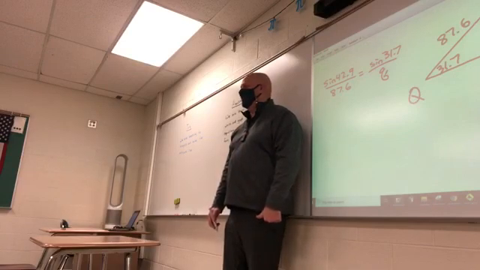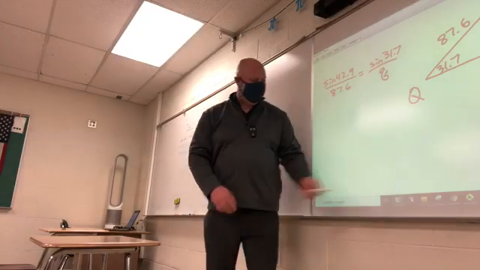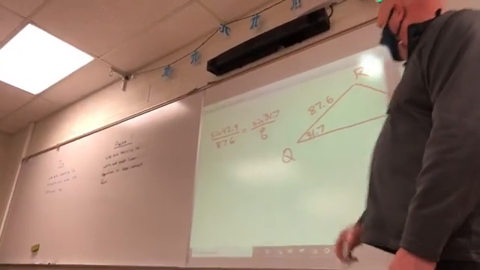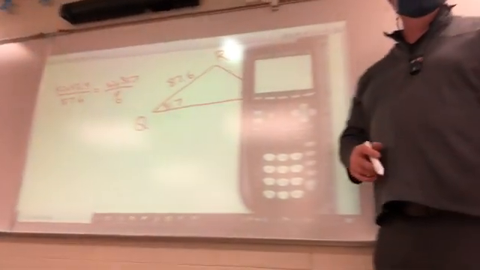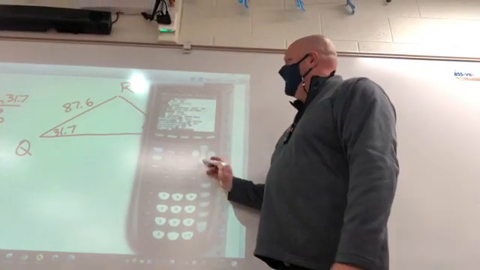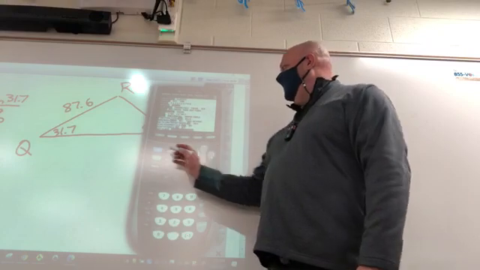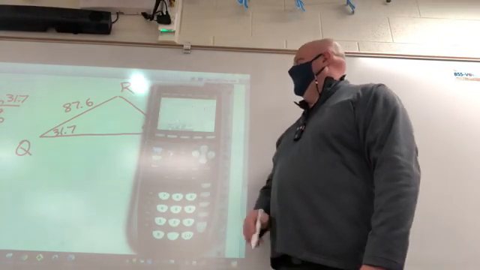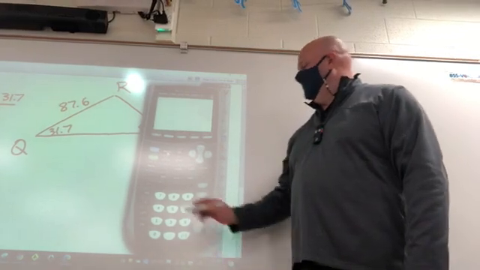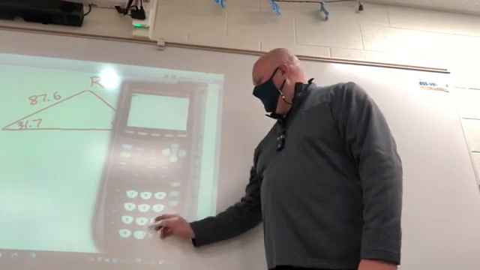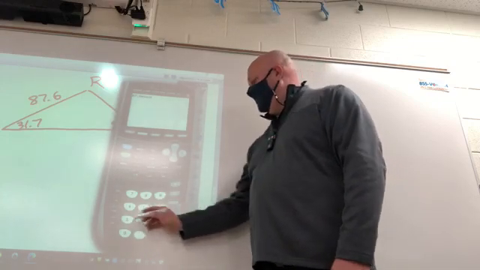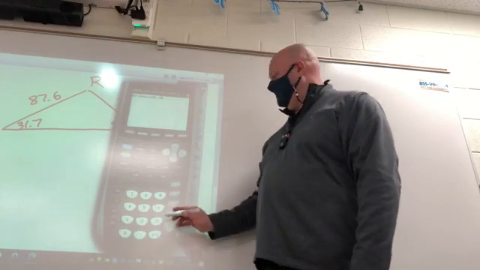Can we solve it? Okay. What mode do you gotta be in? Degree? It doesn't matter. Oh, it absolutely matters. Anytime you're typing in sine of an angle, cosine of an angle, absolutely it matters. So I would do 87.6 times the sine of 31.7.